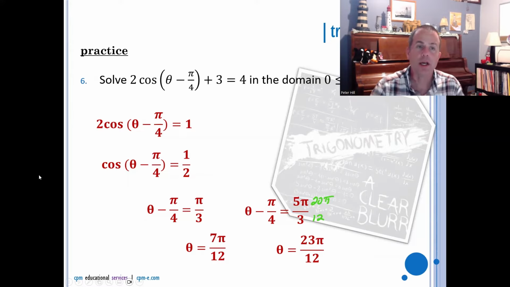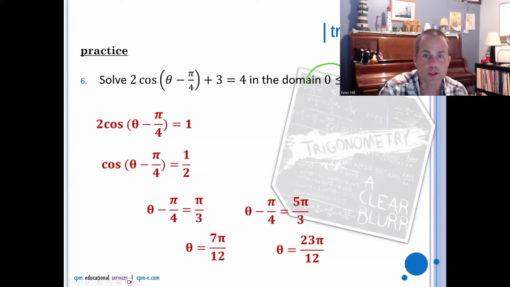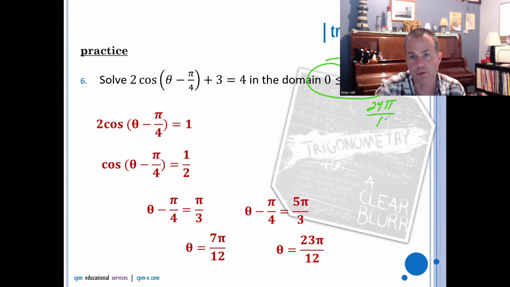Okay, now, great conversation here. Make sure you double check your domain. Sometimes if you have to subtract a number, here we didn't, we had to add it, but you just want to make sure that the adding or the subtracting doesn't push your answer out of the allowable domain that you're allowed to answer. For instance, 2 pi would be 24 pi over 12.